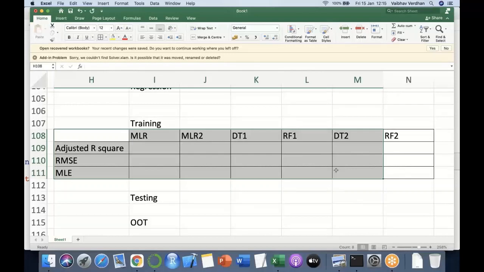So let's say your decision tree and random forest are both giving you similar results, go for the decision tree. Why? Because a decision tree is a simpler model to explain, understand and maintain as compared to a random forest model.